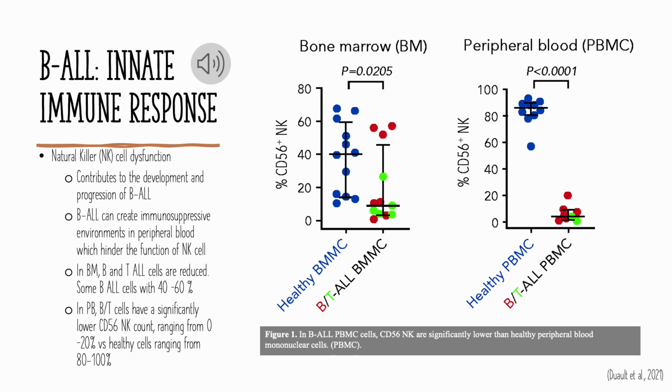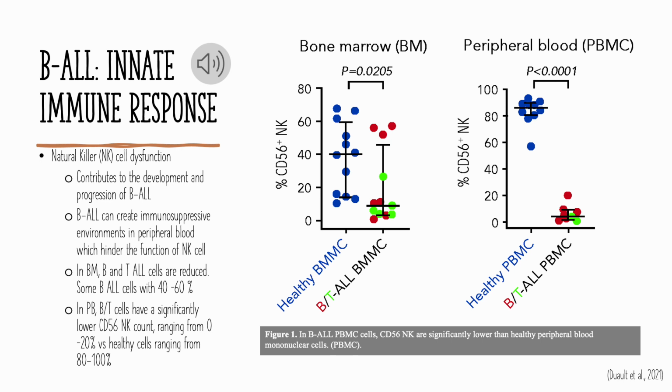You have the healthy bone marrow mononuclear cells in blue, and you have the B-ALL bone marrow mononuclear cells in red and green. You can see that most of the B-ALL bone marrow mononuclear cells range from 0 to 20%, but you do have a few B-ALL cells ranging from 40 to 60%.